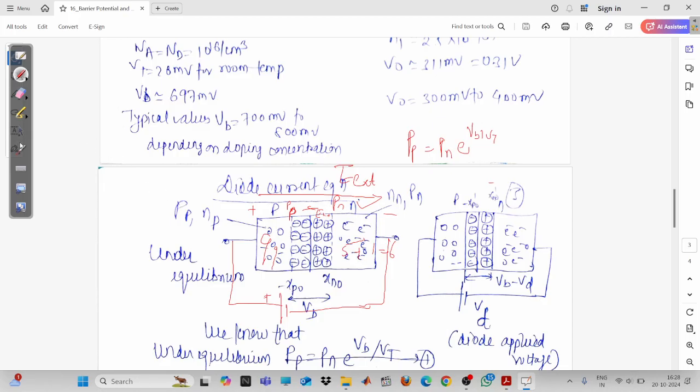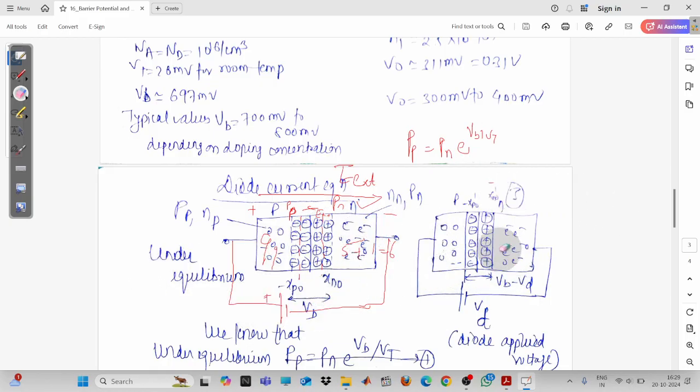So in that case, what we can say is that due to the application of the electrical field, or you can say the voltage, the concentration PP will remain constant. You can see the depletion layer decreases further. The holes are coming into the depletion layer, and because of that the depletion layer decreases further.